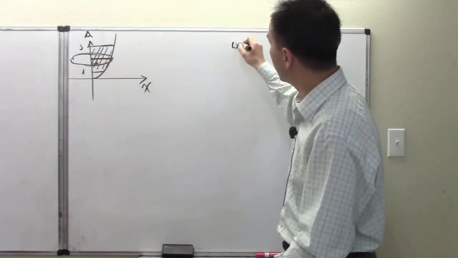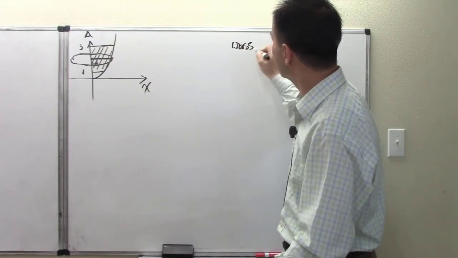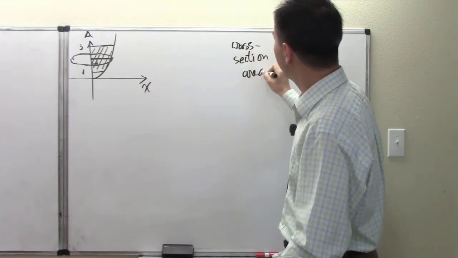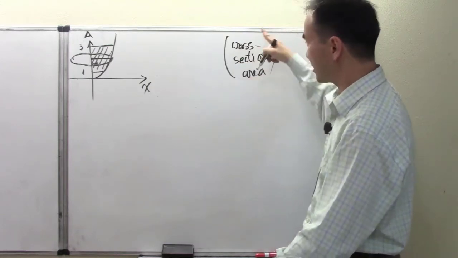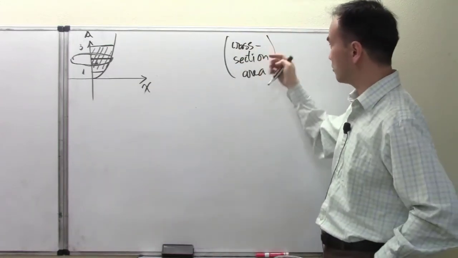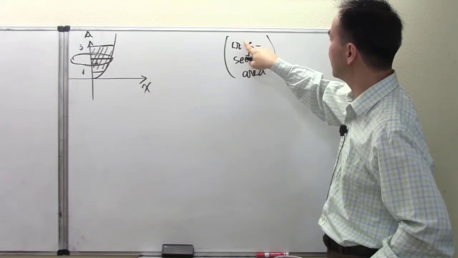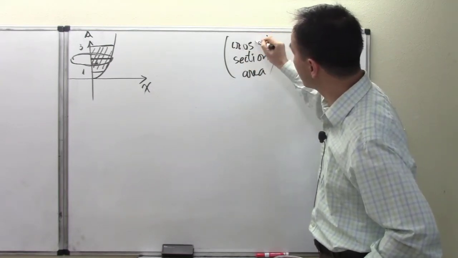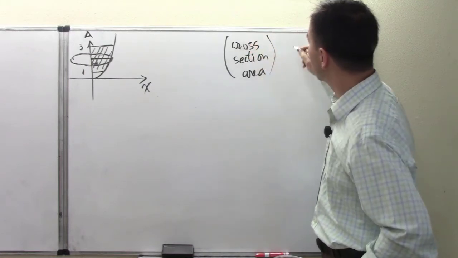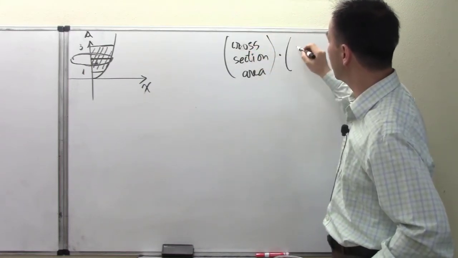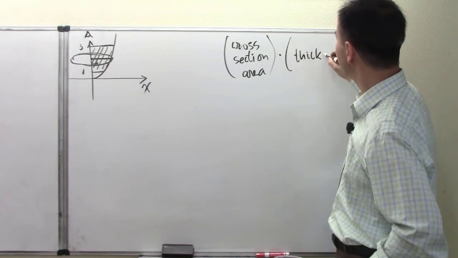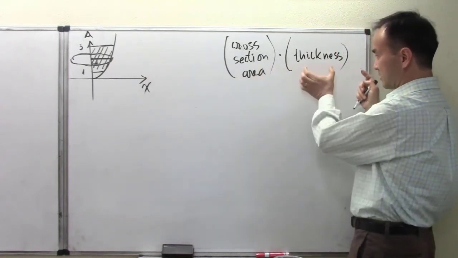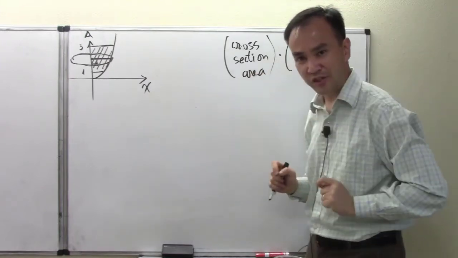We're first going to find the cross section area, and of course the cross section here is a disk. Once we've found the cross section area, then we're going to multiply the cross section area with the thickness. I have explained each of these components back in the general discussion.